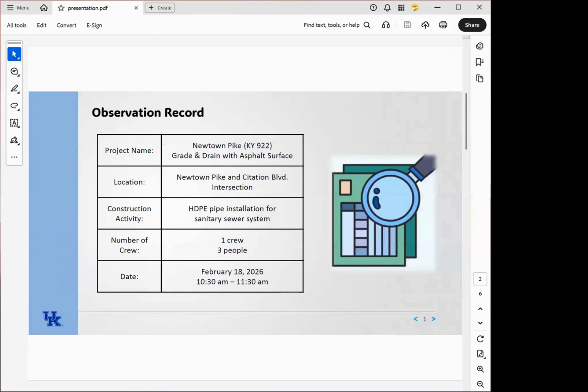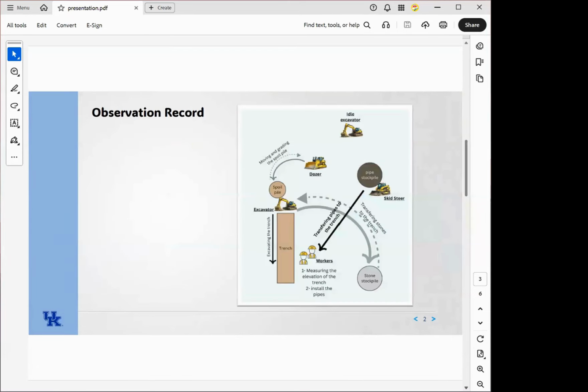All right, so like I said, project Newtown Pike, grade and drain with asphalt surface. And then we were at that intersection of Newtown Pike and Citation Boulevard watching the pipe installation. Anthony had one crew out there with 3 people. And we were out there last Wednesday, February 18th, between 10:30 and 11:30. This is just an observation of the site itself, kind of where things were located on the project site.